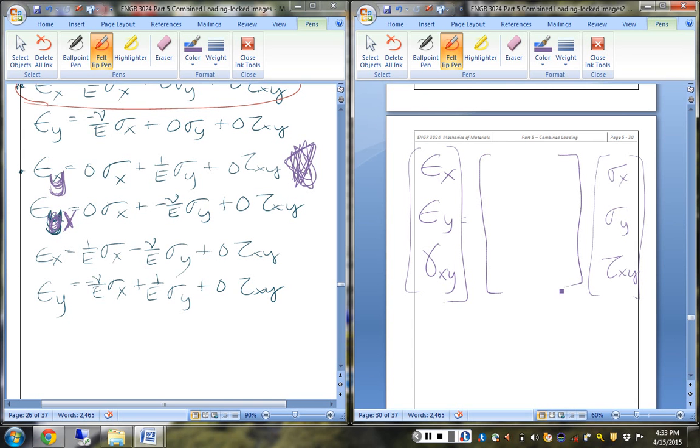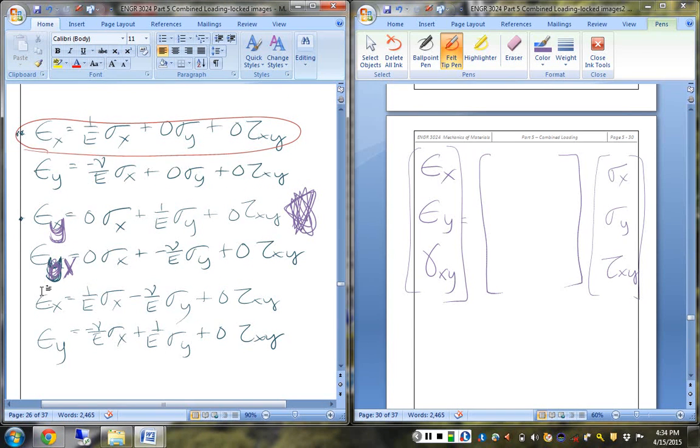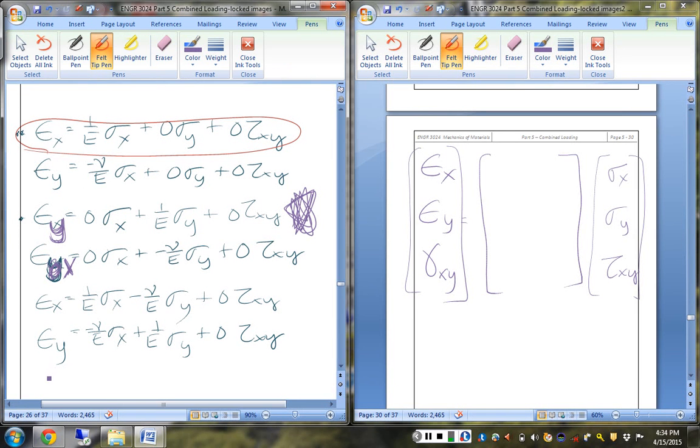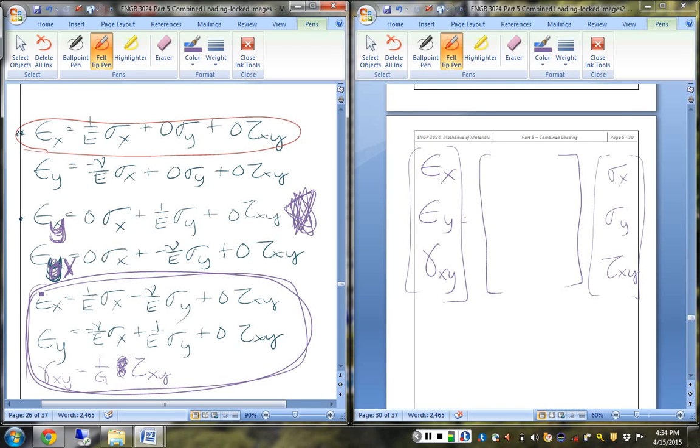And based on this gobbledygook I've got over here on this other page, based on these guys and the fact that gamma xy equals 1 over G tau xy. I'm struggling, y'all. Worse than normal. There we go. We're going to put those 3 equations into this matrix over here.